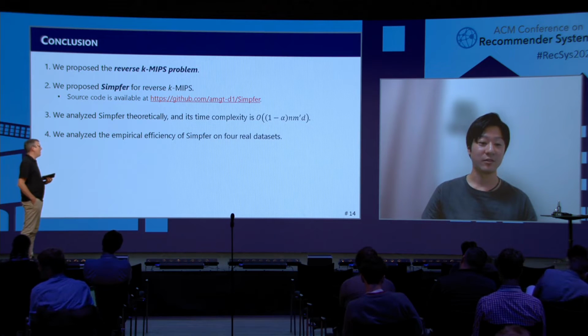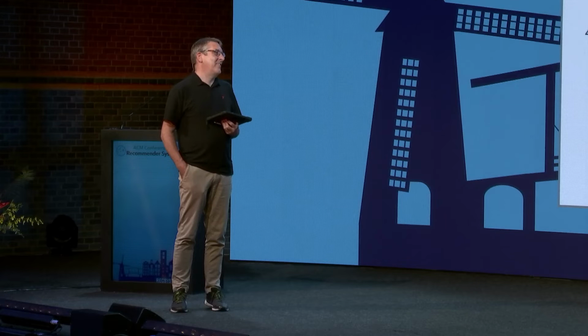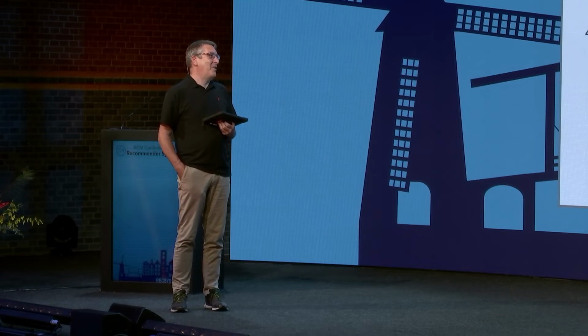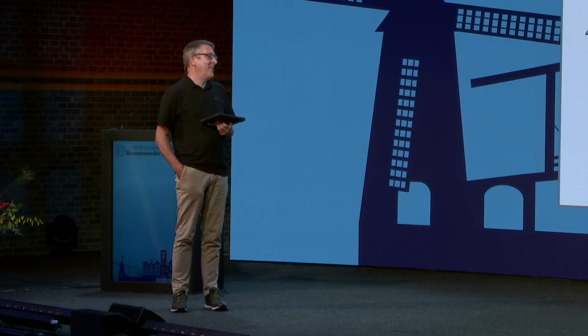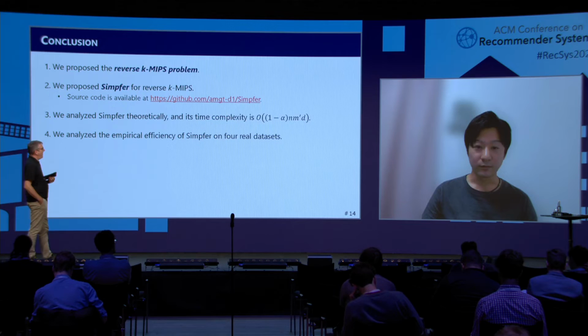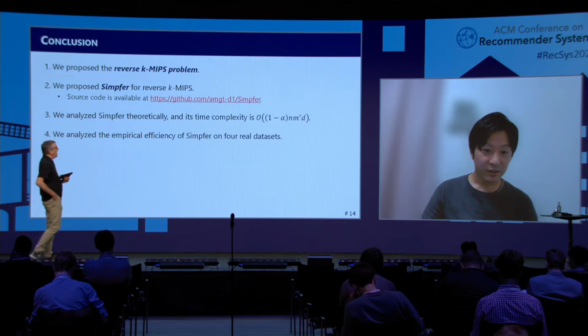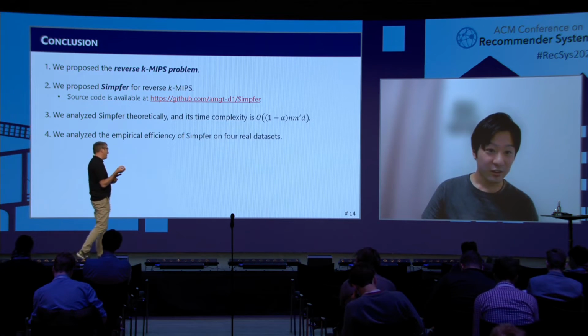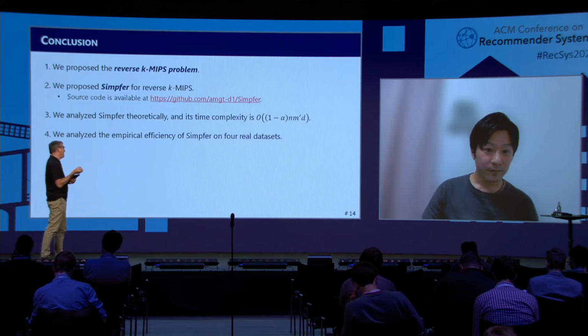Right. And how about other identities? There are lots of identities to do with dot products and norms of vectors. Do you think there are some other mathematical identities that would help you to eliminate blocks of users from consideration? Do you think from the theoretical perspective that you could come up with better bounds than the ones that you're currently using in your algorithm?